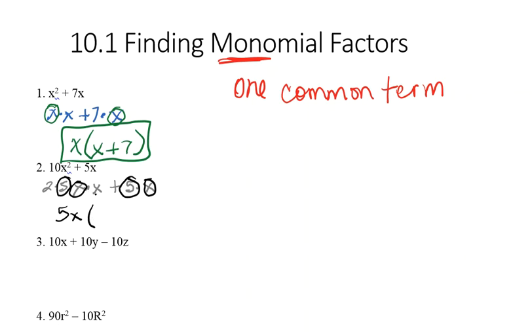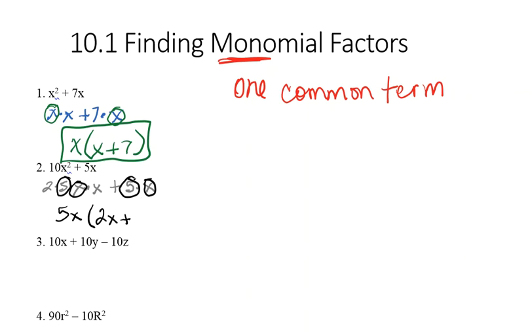So I have a 2 and an x in the first one, plus, now everything came out of the second term, but I can't leave this blank, because if I start with a binomial, my factor here in the parentheses should also be a binomial. So I have to think, what can I place here that would not change the value of this 5x?